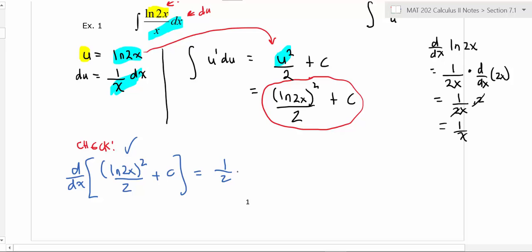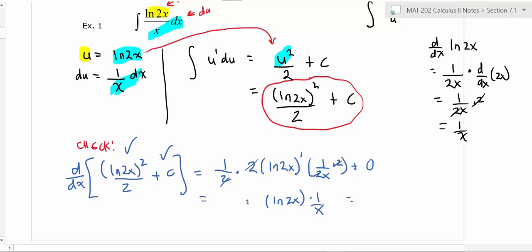Then you bring the 2 down, leave the ln of 2x alone, subtract 1 from the exponent, and multiply by the derivative of what's inside. The derivative of what's inside is 1 over 2x times the derivative of 2x, which is 2, and of course the derivative of the constant is 0. So the 2's cross out. That leaves ln of 2x to the first times 1 over x, so that's ln of 2x over x.